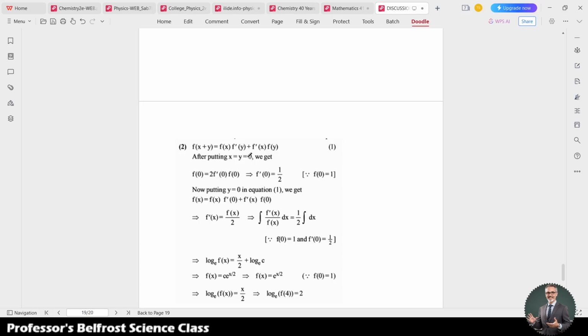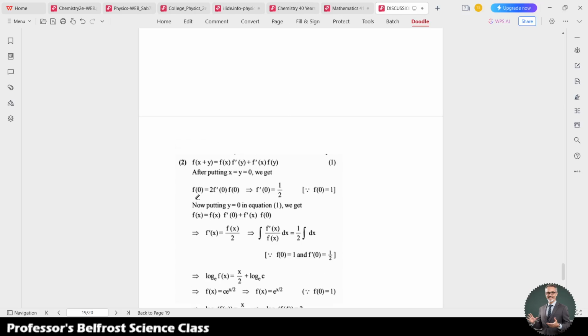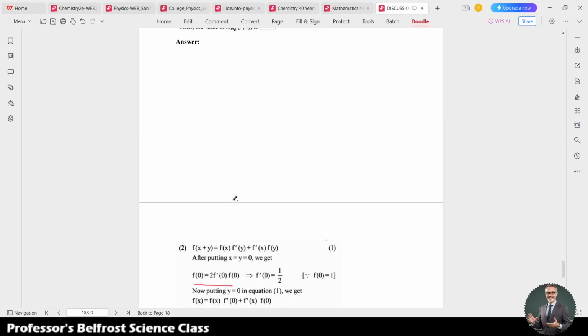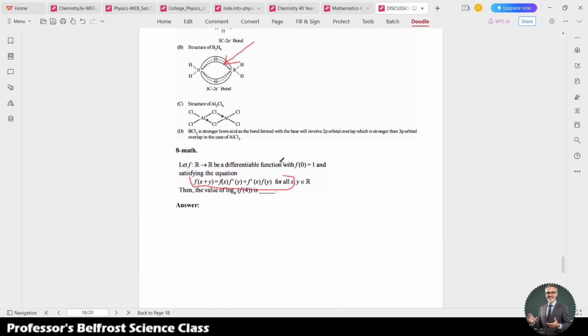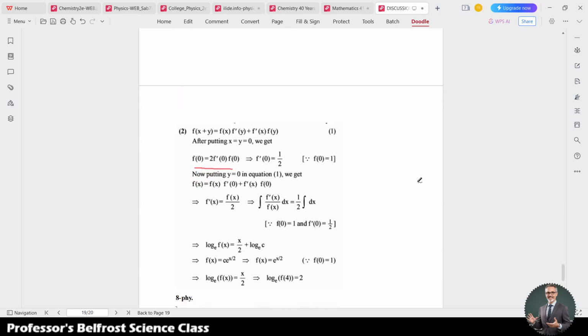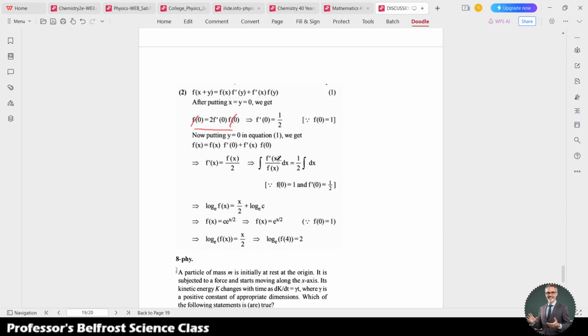If we put x and y equal to 0, we get this form. How to get this form, you understand, right? It is 2 times actually, because it is the same thing. f(0) is 1, so 2 f, and you can eliminate this part. So f'(0) is half.